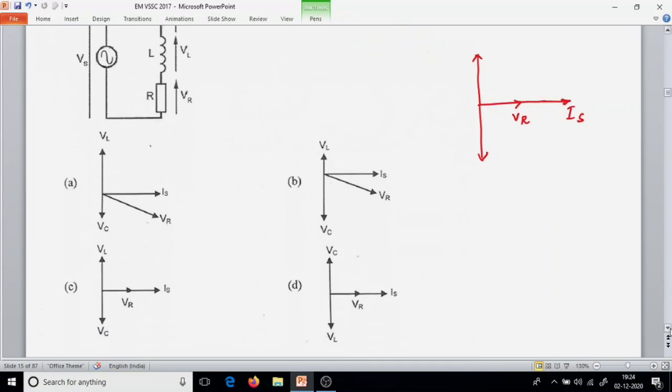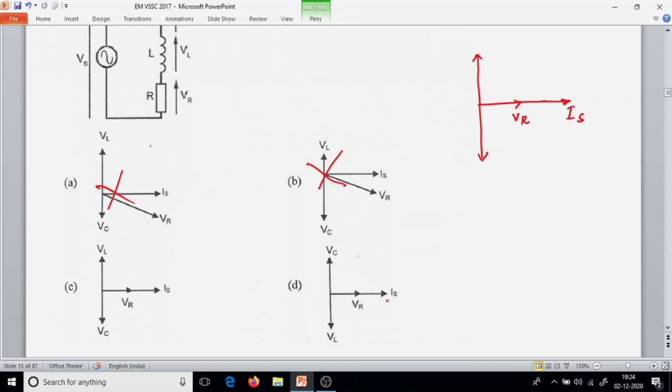Now, these two we can neglect. These two are gone because resistor voltage and resonance current are not in phase. It has to be in phase. Now we have to choose one of these.